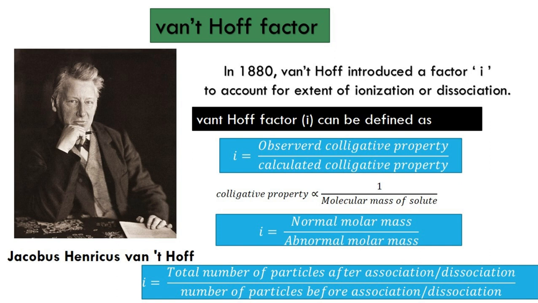We also know colligative property is directly proportional to the number of solute particles. So i can also be expressed as total number of particles after association or dissociation divided by number of particles before association or dissociation.